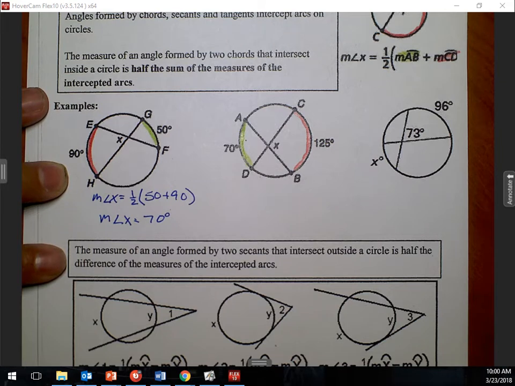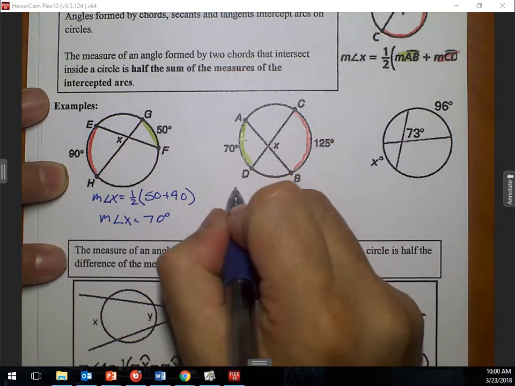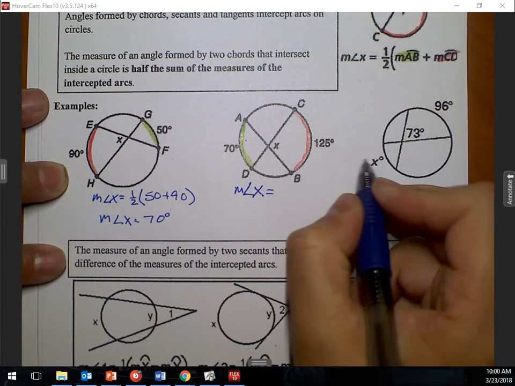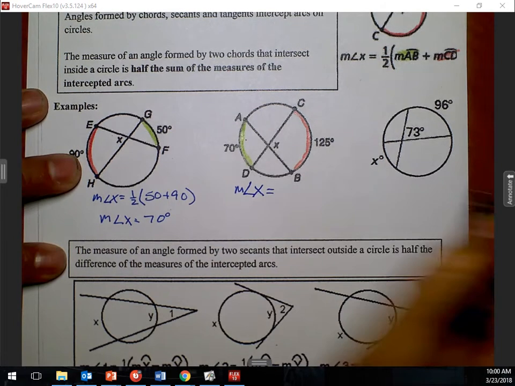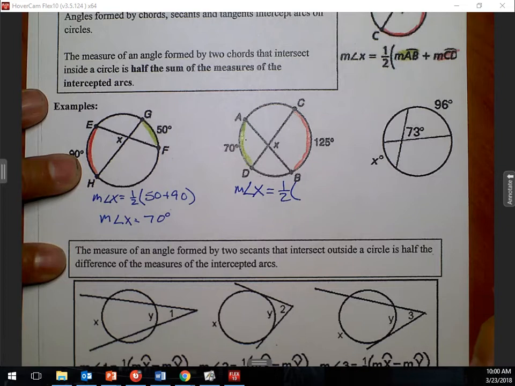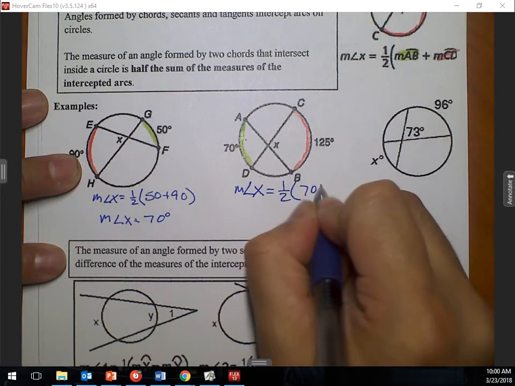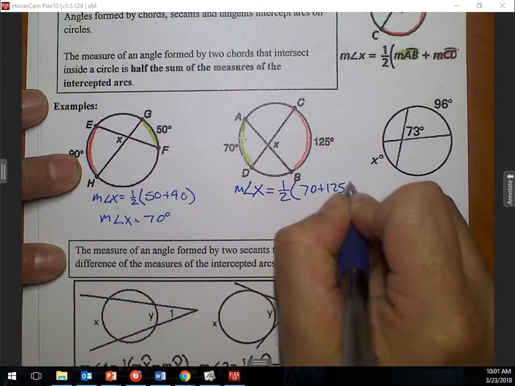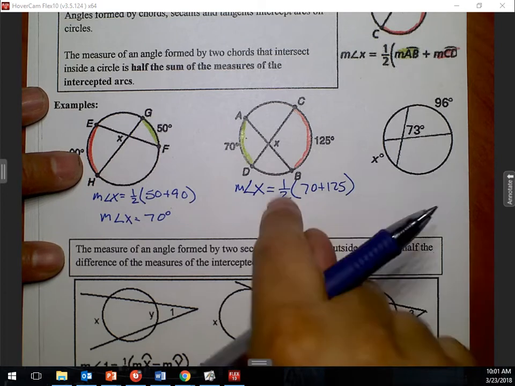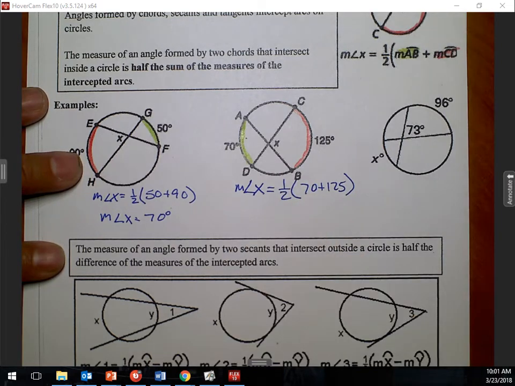So, my formula here, measure angle X is 1/2 parentheses 70 plus 125. So, please do that. If you need to use your calculator, you can.